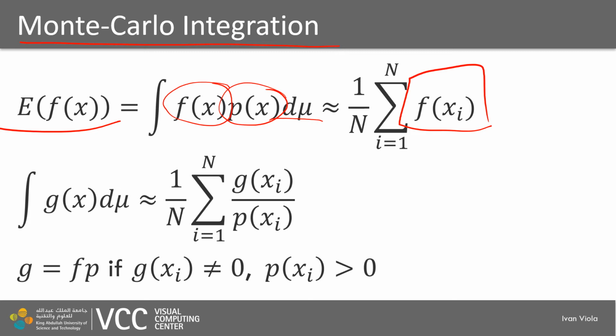And we can see here that now we have this product of f(x) p(x), and the f(x) is appearing also here.